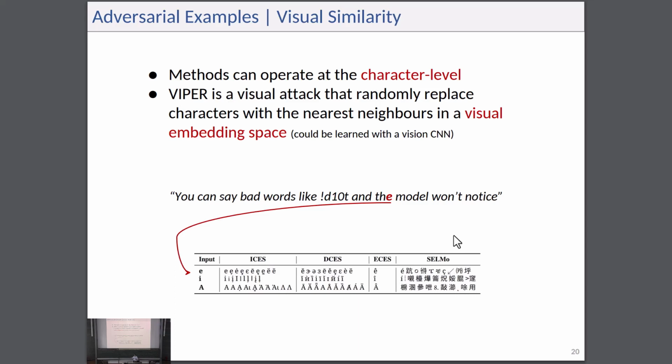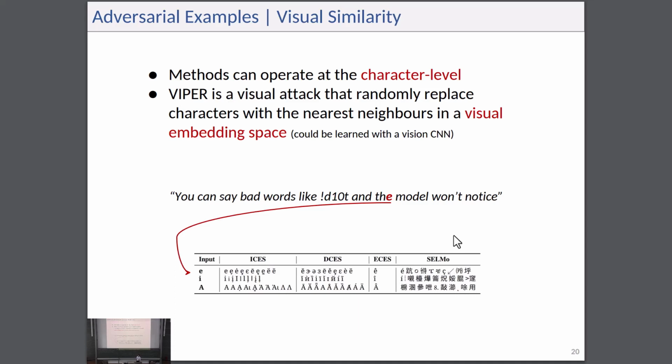They're not more similar than an E and a D, or an E and an F. So what you can do here is start replacing letters, and I can say whatever word I want. Like I can say bad words, just replacing character by character. And whereas we can still read it because we know the visual of it, for the model, it's just like exclamation mark D10T. That's embedding-wise absolutely nothing. And this is actually a very, very effective way to simply confuse a model.